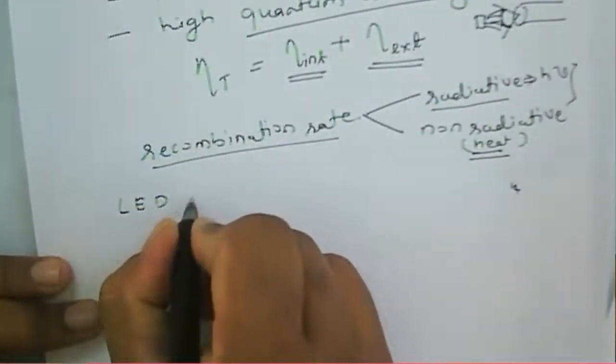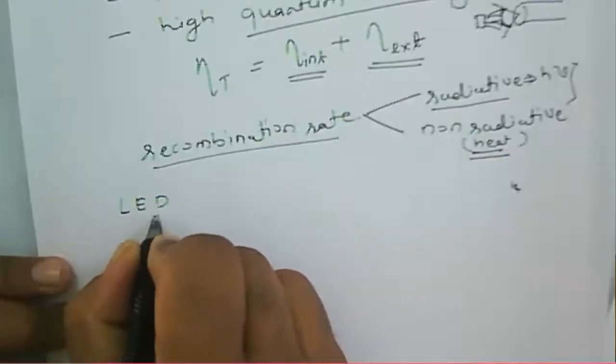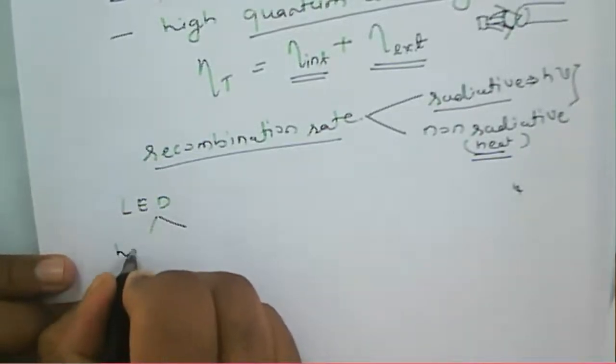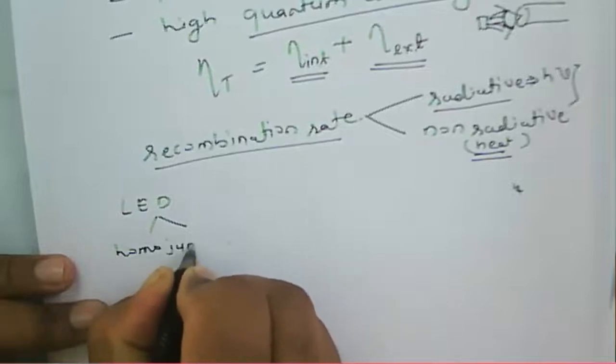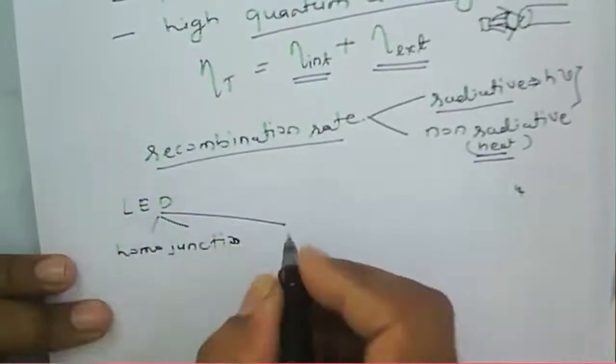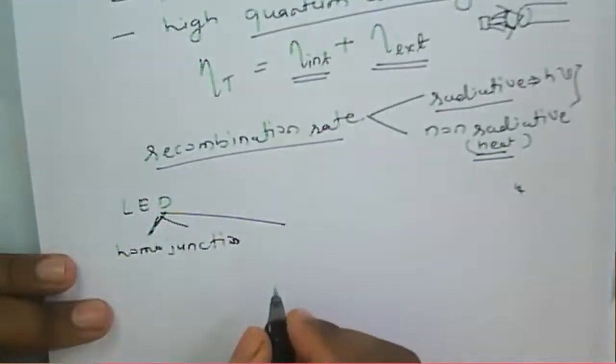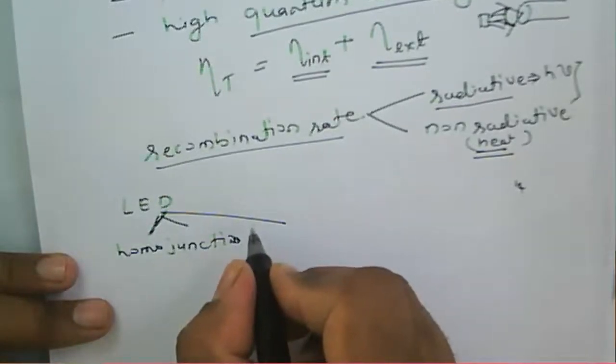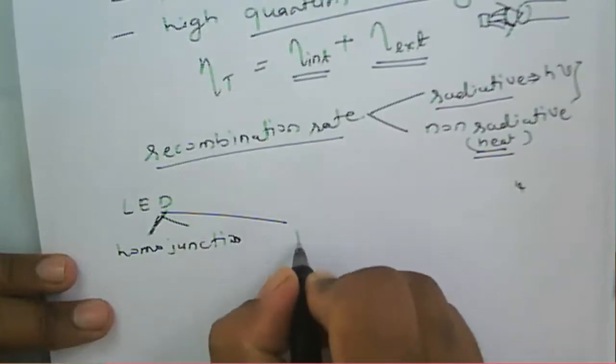So we have two categories: one is the homojunction, and the other is the heterojunction.